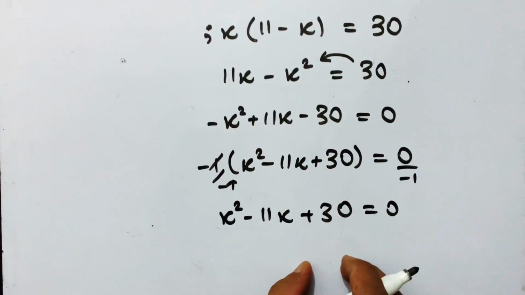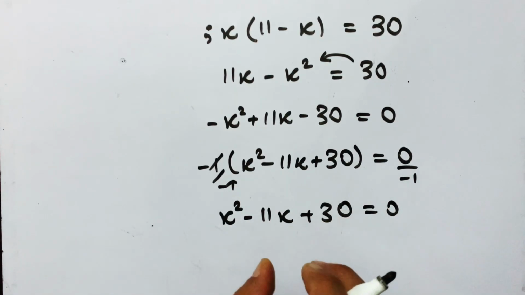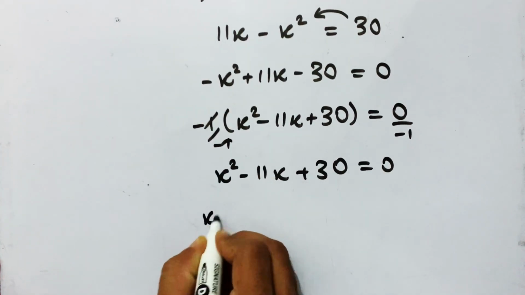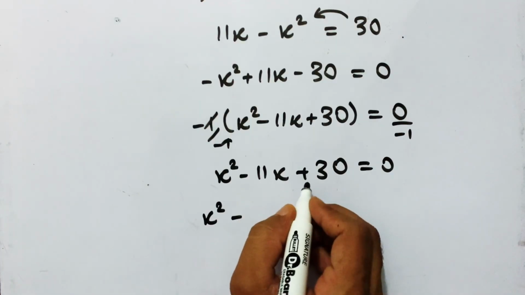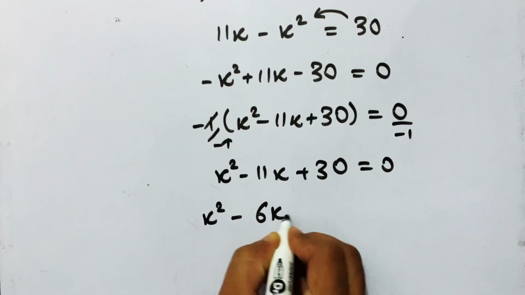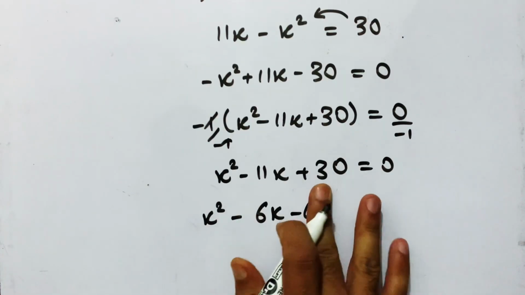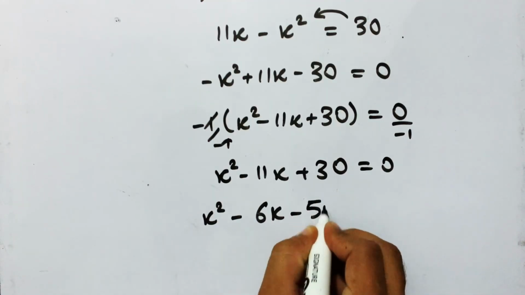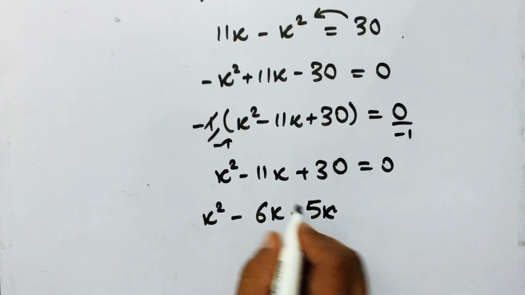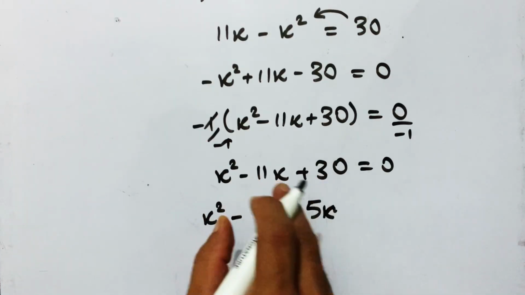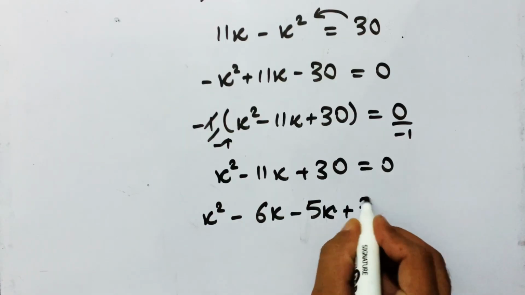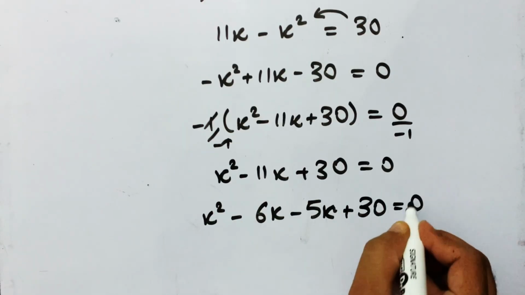Now this is a pure quadratic equation and I'm using the factorization method. The equation factors as x squared minus 6x minus 5x, which is minus 11x, and 6 into 5 is 30, plus 30, equals 0.